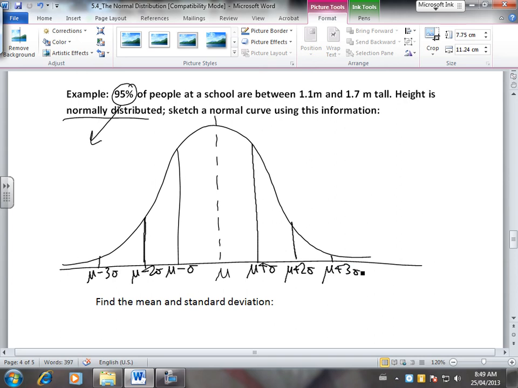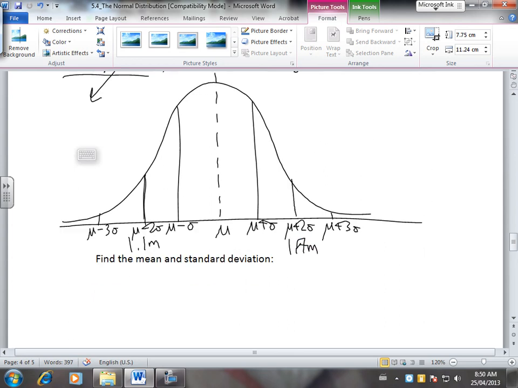I know that 95% are between mu minus 2 sigma and mu plus 2 sigma. So this will be mu minus 2 sigma, and this is mu plus 2 sigma. I can fill out that this is 1.1 meters, and this is 1.7 meters.